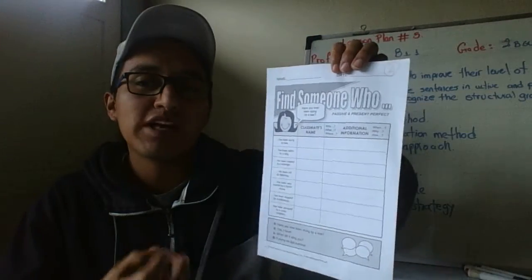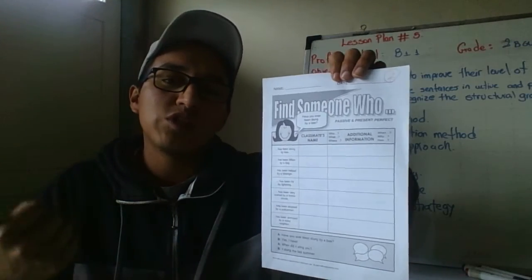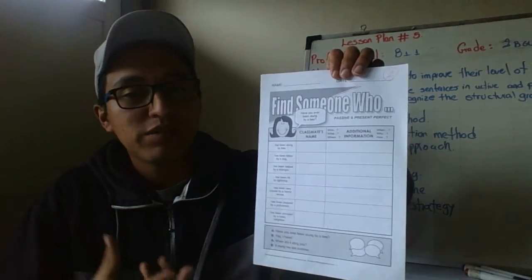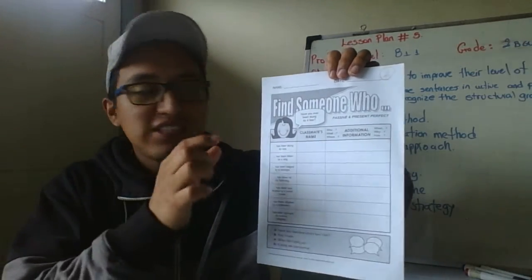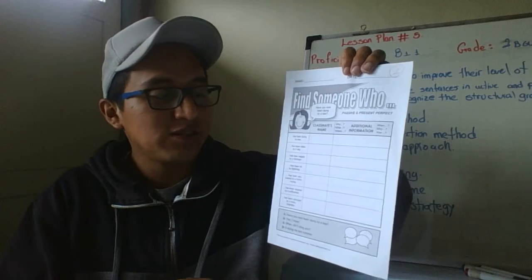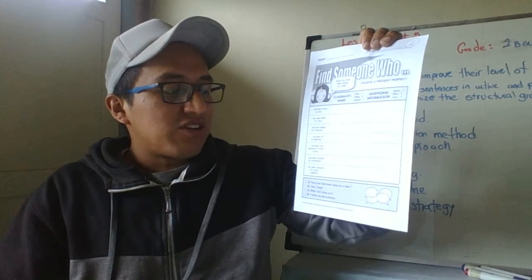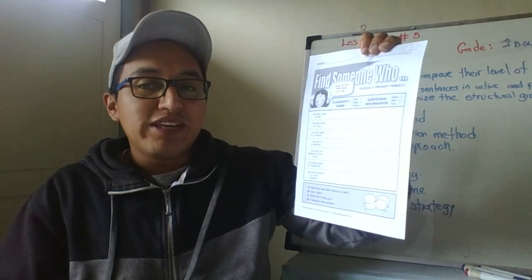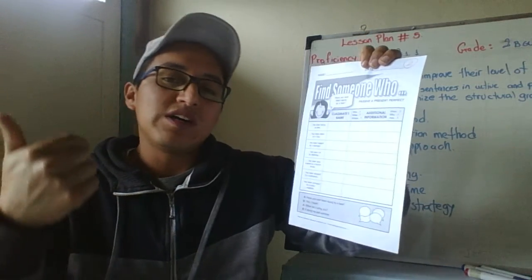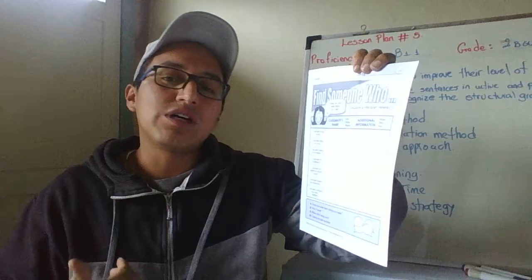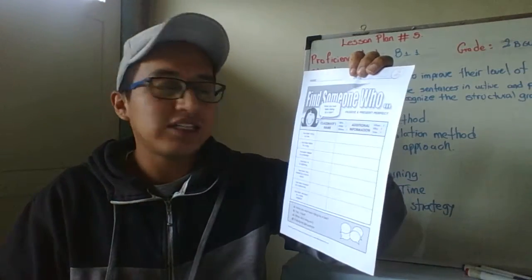Here they will have to ask questions to their classmates about who has done this action. For example, I can say, have you ever been stung by a bee? One student could answer his or her classmate.